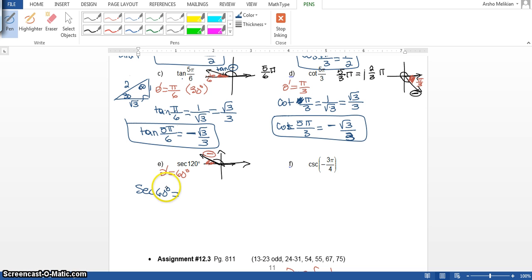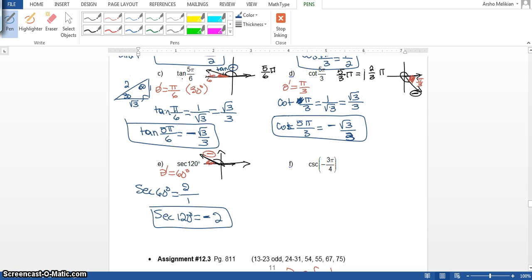Secant is like cosine, so it's going to be hypotenuse over adjacent. Hypotenuse over adjacent is 2 over 1, meaning the final answer, secant of 120, is negative 2, or negative 2 over 1.